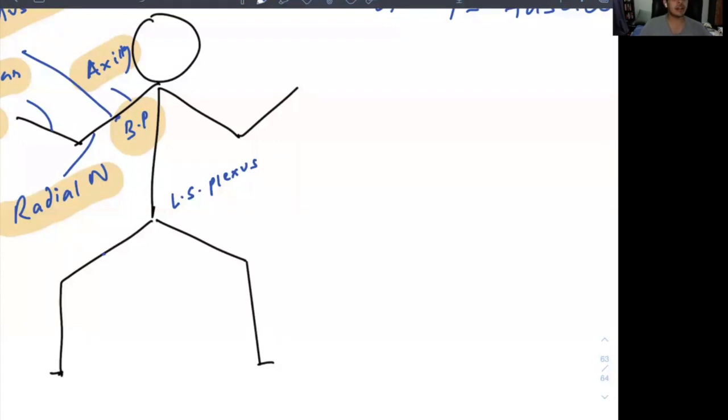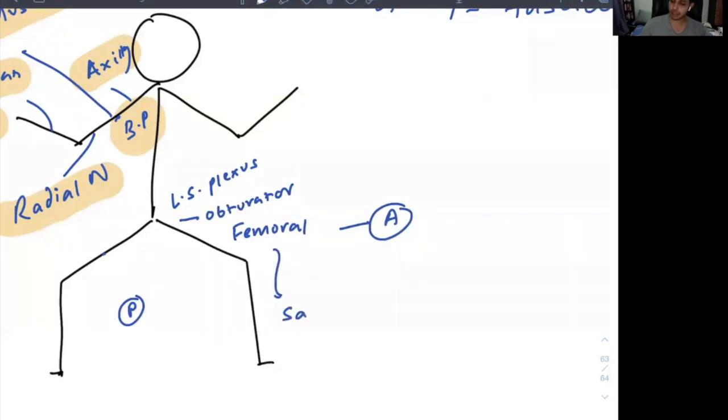The main nerves that come out from the lumbosacral plexus are your femoral. So this is anterior and this is posterior. So you have your femoral and your obturator, and from your femoral you will have your saphenous, and posteriorly you will have your sciatic, and from your sciatic you will have your tibial and your common peroneal nerve.